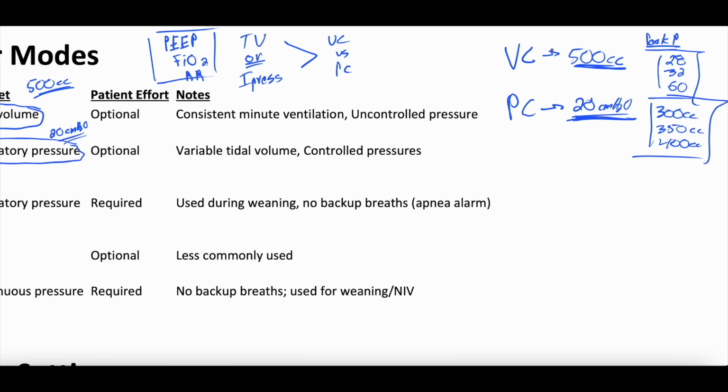Right? So in volume control, the tidal volume is controlled, and the inspiratory pressure it creates, that peak pressure, is uncontrolled. Whereas in pressure control, that inspiratory pressure you're setting is controlled, whereas the tidal volume that creates is uncontrolled. That's going to change with each breath.